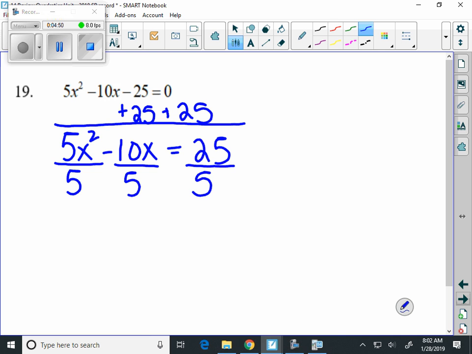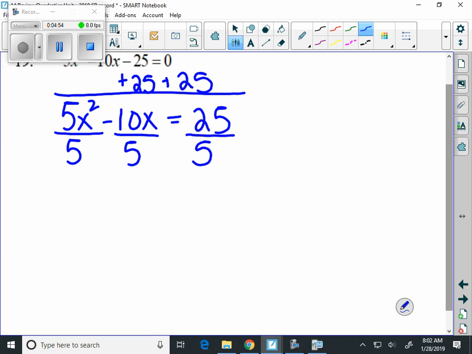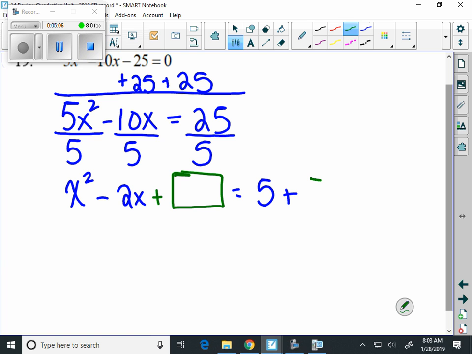And this is where I'm going to put my box back in. So we end up with x squared minus 2x plus something equals 5 plus something. So we've done step 1, variables on one side, constants on the other.